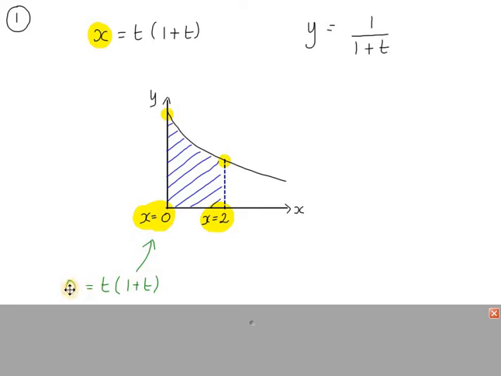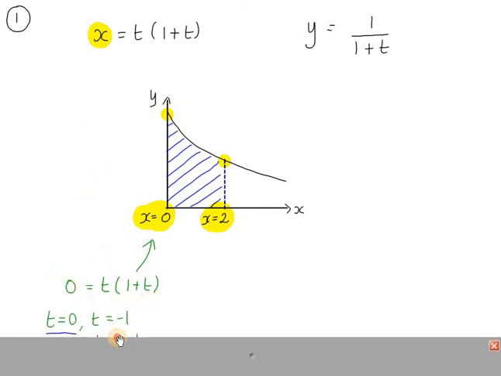Okay, so x equals 0 gives us this equation, and solving gives two values of t. Now only one of these is valid, so I test both values of t for the y coordinate using this equation. When t equals 0, I get y equal to 1 divided by 1, which is 1.